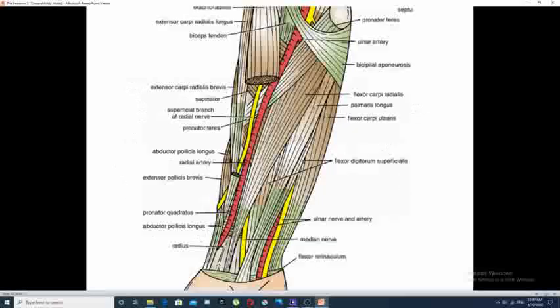On this diagram you can see the brachial artery, and here it is divided into the radial artery and the ulnar artery, and you can see the course of the radial artery. In its distal part in front of the wrist, it becomes superficial, covered by skin and fascia. Here it is easily palpated through the skin, and here is the site where the radial pulse can be taken easily.